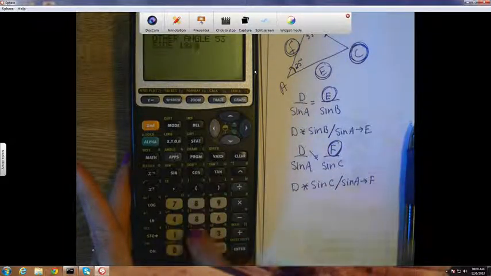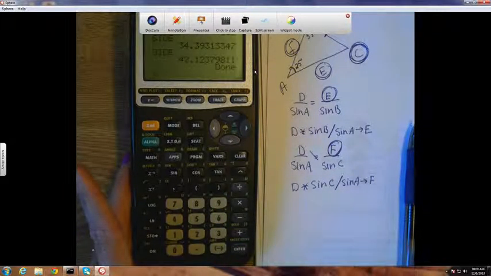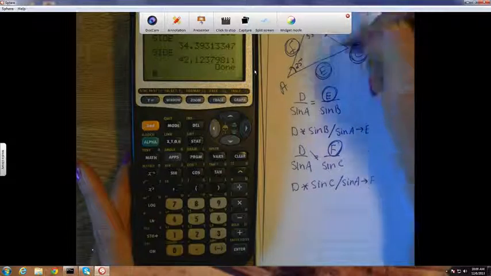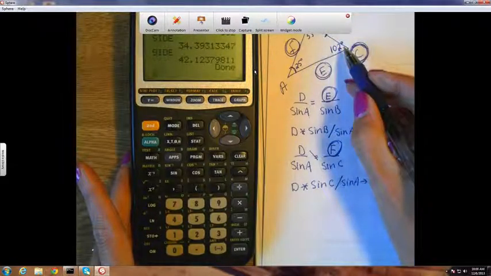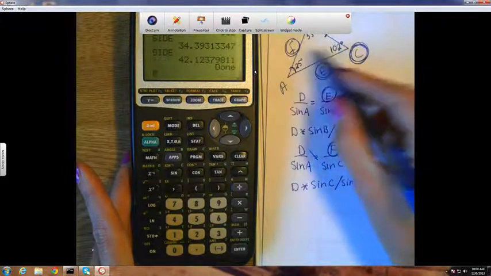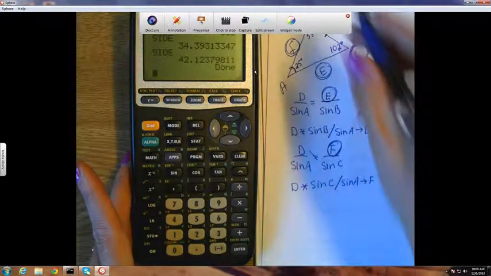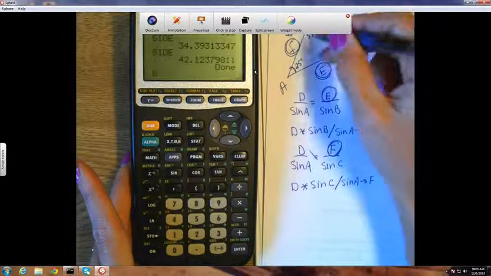Wait, other angle is what? 53? The side was 18.1. So this is the 102. Wait, what? 42 is over here, because it's across from the bigger side. And the E is 34.